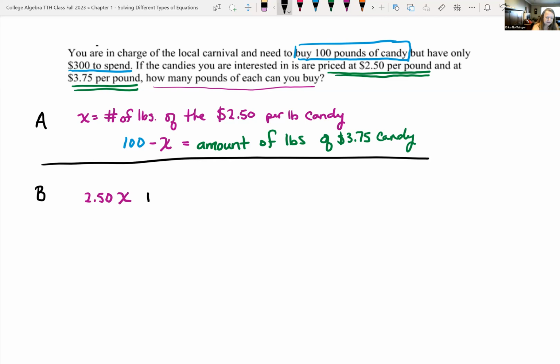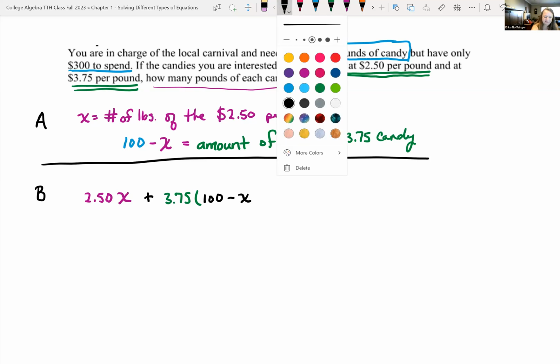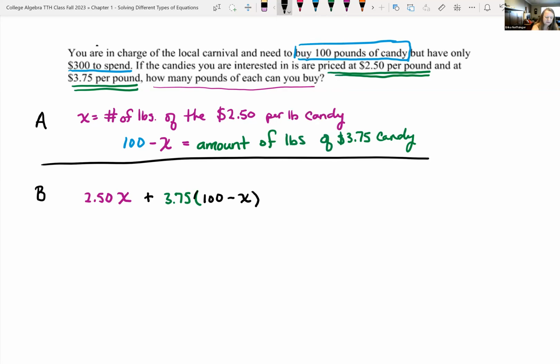Plus the cost of the other one, which is $3.75, times the amount she's buying. So she's buying 100 minus X pounds of that type of candy. So the cost of one plus the cost of the other should equal how much she has to spend, which is $300.